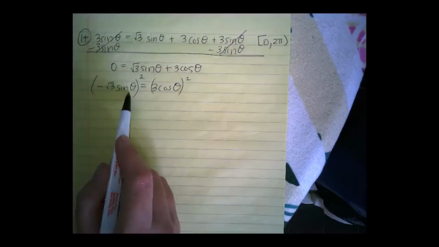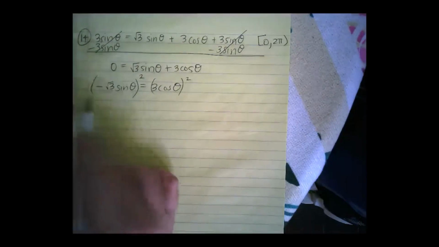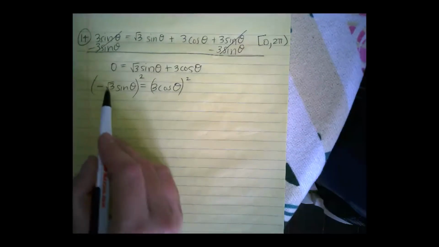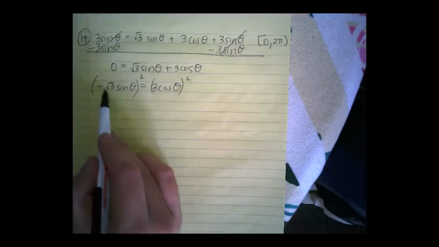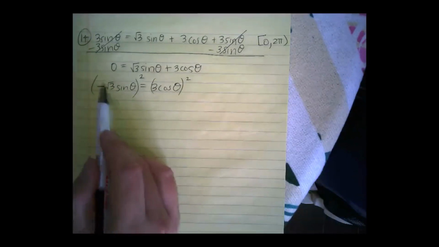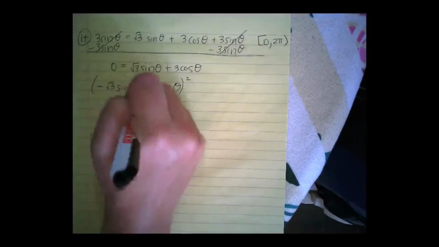On number 13, we squared a binomial, so we had to FOIL or double distribute. And here I'm just multiplying negative root 3 sine of theta times itself. So I would say negative root 3 times negative root 3. That's a positive number. The square root of 3 times the square root of 3, square root of 9, I get 3. And then sine times sine is sine squared of theta.